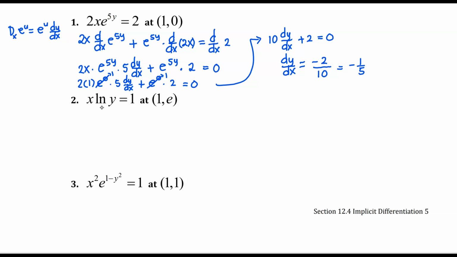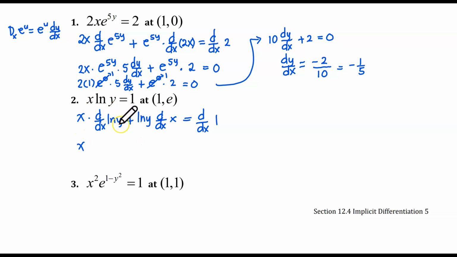So the derivative here will be x, so copy x first, and then differentiate ln y with respect to x. Plus, product rule, copy ln y, and then take the derivative of x. Equal to the derivative with respect to x of 1. Now copy x and then take the derivative of ln y.